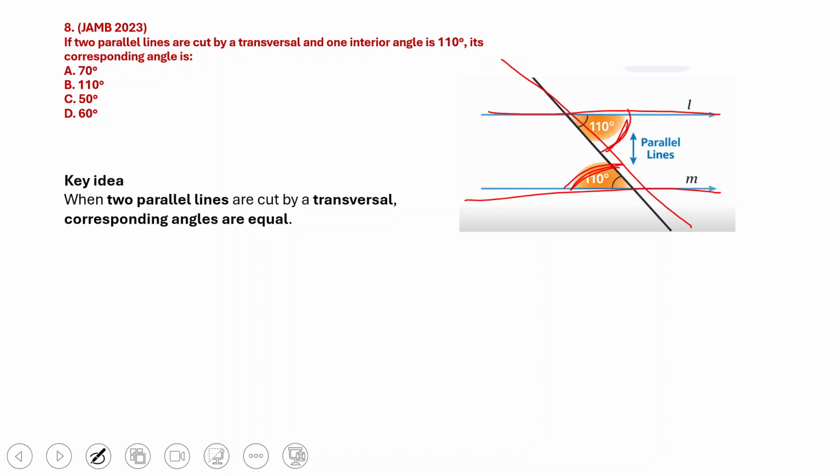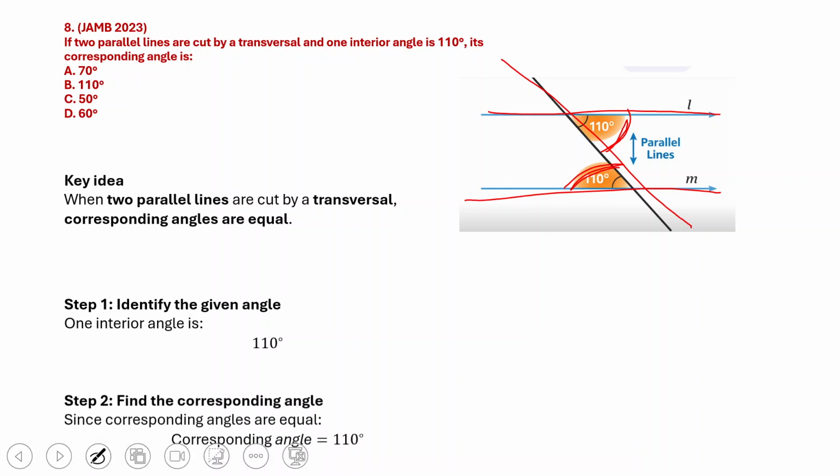This is what they call alternate angles being equal. So if you identify that the given angle is 110, then the corresponding angle is equal. What I'm showing here is what they call the alternate angle. A corresponding angle is like the angle here corresponding with the angle here, or the angle here, or the angle here, right? So the corresponding angle is 110.